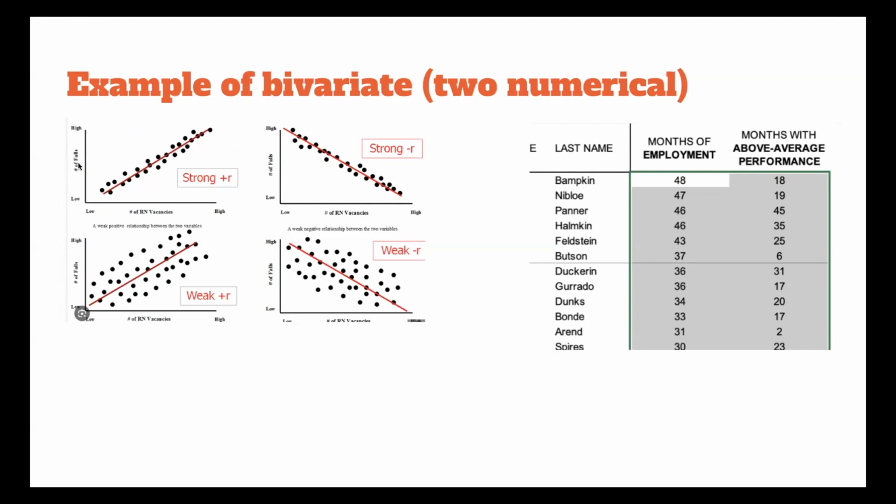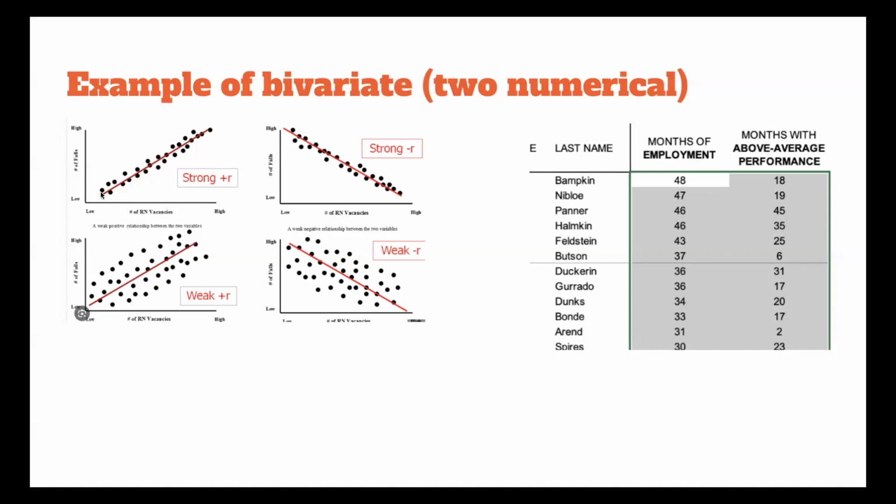I'll take the number of falls as, let's say, people who fall sick. I'm just making an assumption. This is a scatter plot, and remember this is two numerical variables. This is one variable, this is another variable.